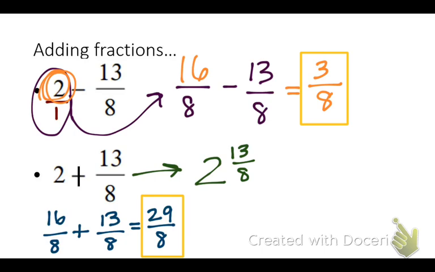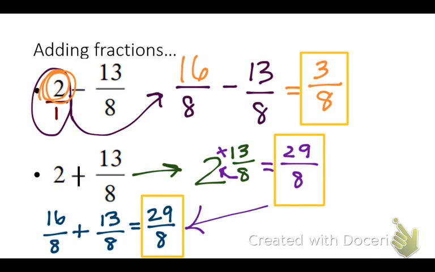You do that by multiplying the denominator by the whole number, which would be 16, and then adding the numerator. So 16 plus 13 is still 29, and then we keep the denominator of 8. So either way, we would have gotten the same exact answer there. So if you missed that problem, make sure you go back and correct your fraction error.